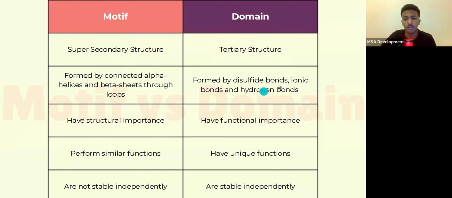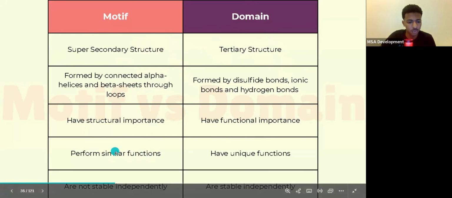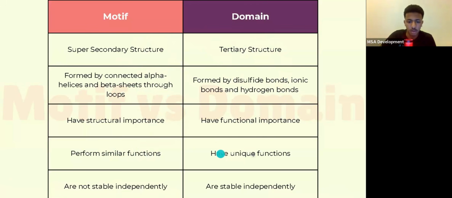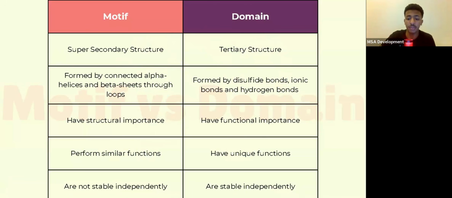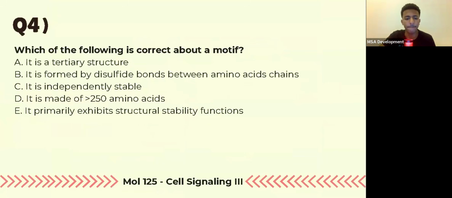Domains are formed by disulfide bonds, ionic bonds, and hydrogen bonds. Motifs have structural importance. Domains have functional importance. Motifs perform similar functions to each other. Domains have unique functions. And finally, motifs are not stable independently. Meanwhile, domains are stable independently.